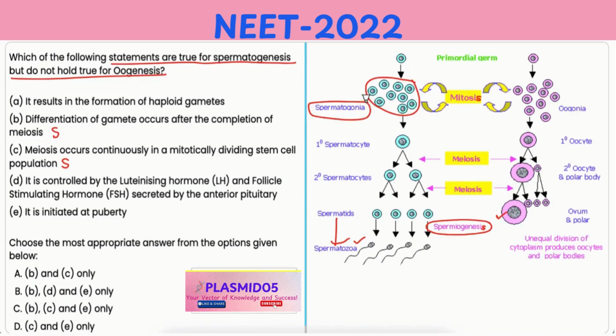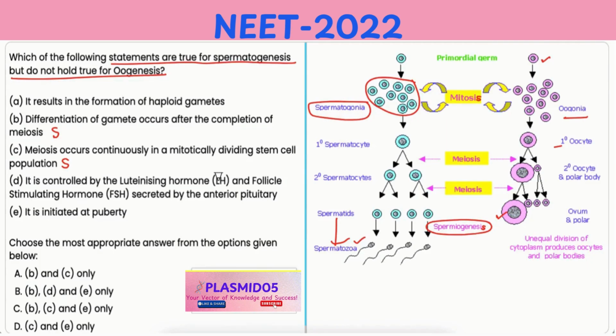In contrast, oogenesis starts in fetal life and halts at prophase 1 until puberty, with no continuous meiosis in the female stem cell population. Statement D, it is controlled by the luteinizing hormone, that is LH, and follicle stimulating hormone, that is FSH, secreted by the anterior pituitary. Now, both spermatogenesis and oogenesis are controlled by LH and FSH.